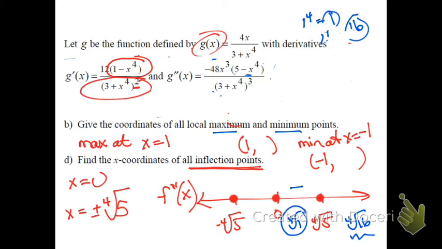If I plug in the 4th root of 16, or 2, this is negative. The 4th root of 16 raised to the 4th is going to bring me back to 16. So that's negative, and this is going to be positive. Negative times negative is a positive.